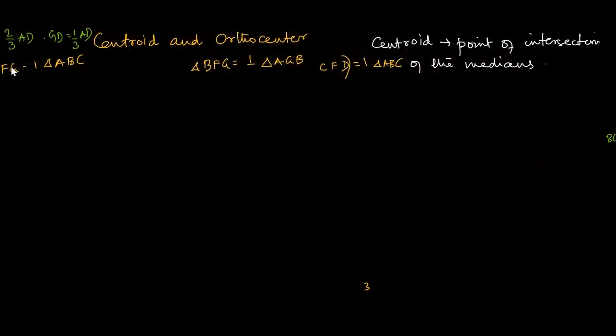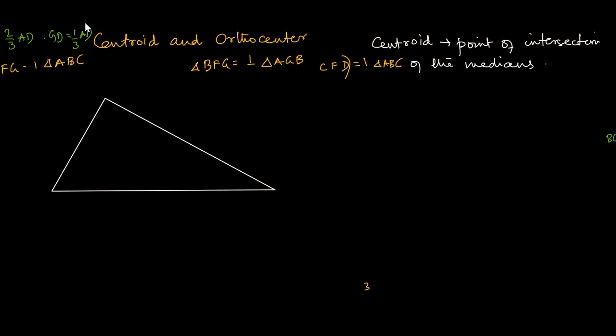Now let us go to the orthocenter, which is the point of intersection of the perpendiculars from each of the vertices to the opposite sides. So this is one, this is another, and this is the third one.